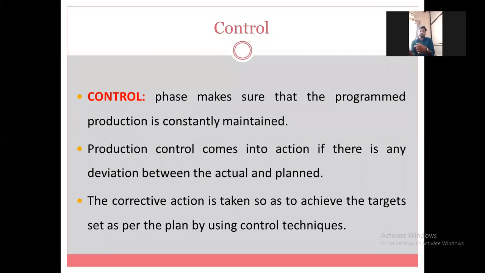For that purpose you need to take corrective actions, and those actions come under the controlling phase. This phase comes into the picture only when there is a difference between actual and planned. Getting my point?